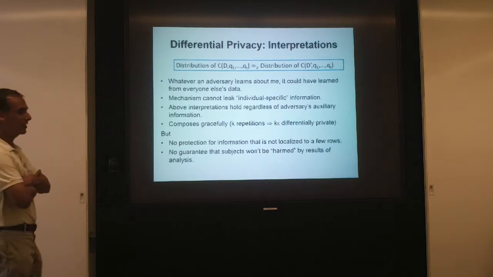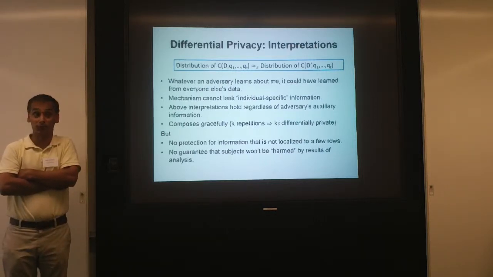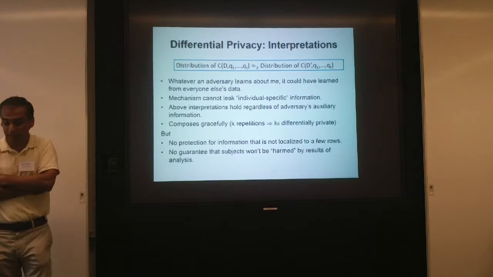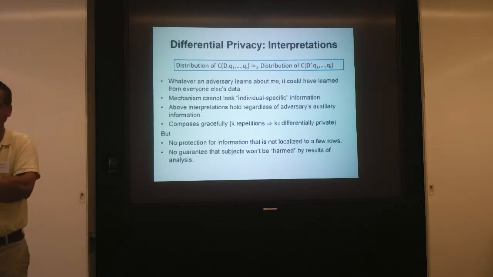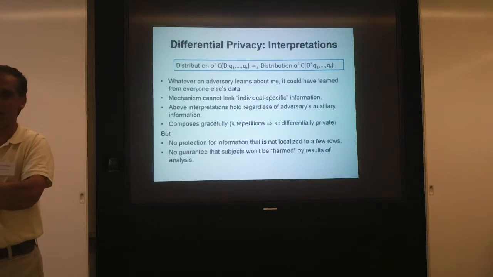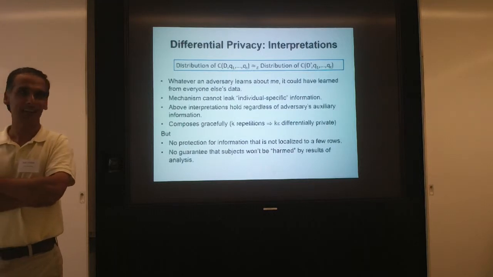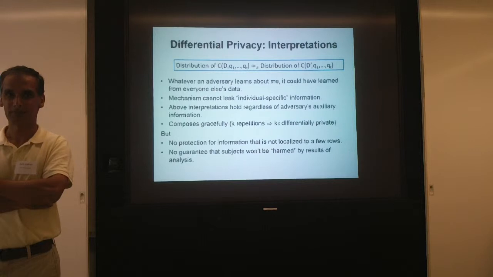And the second important point is there's no guarantee that the subjects won't be harmed by the result of using this interface. The reason for that is the interface is designed for people to learn information about the population. And who knows what crazy decisions someone might take or actions they may take based on what they learn.